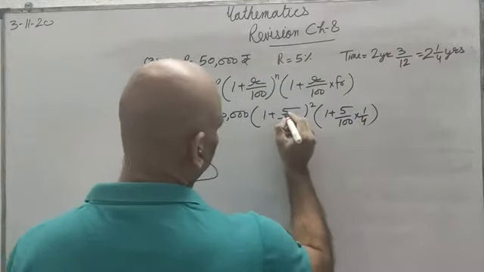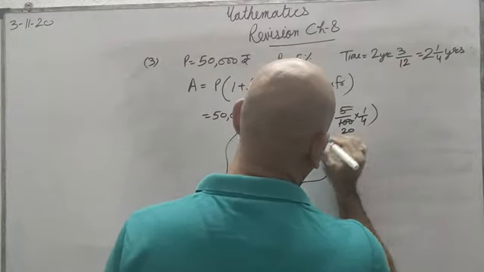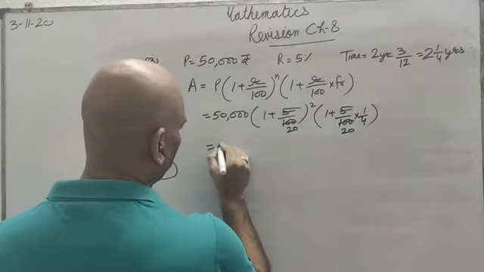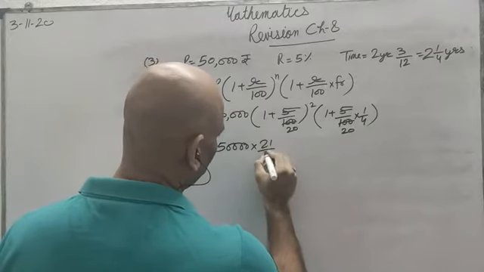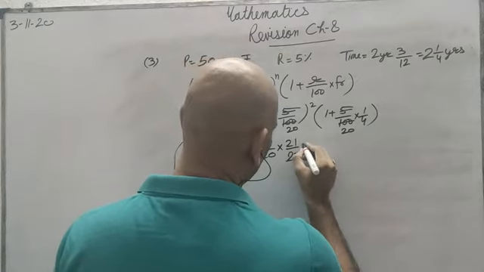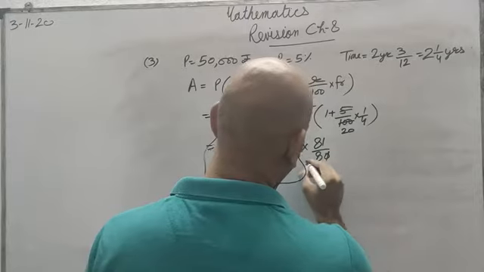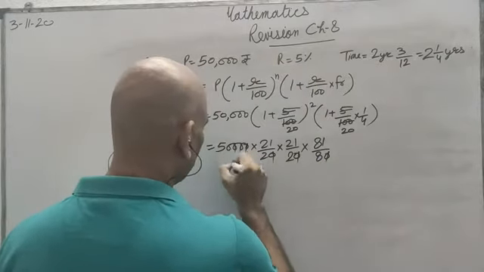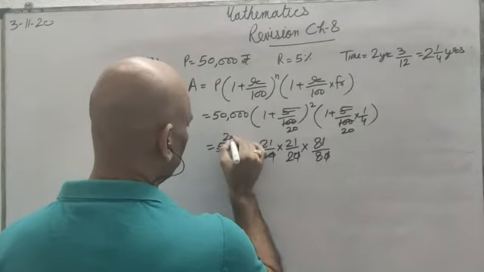Okay, so 5 is cancelled with 20, 5 is cancelled with 20. I got 50,000 into 21/20, 21/20, and this becomes 81/80. 3 zeros are cancelled. 1, 2 is also cancelled.